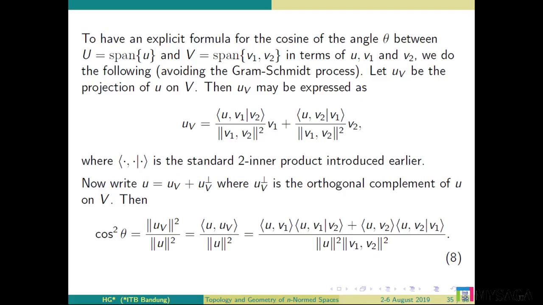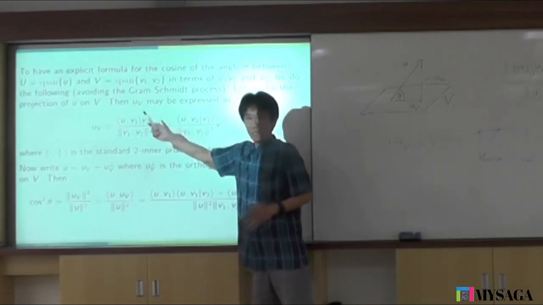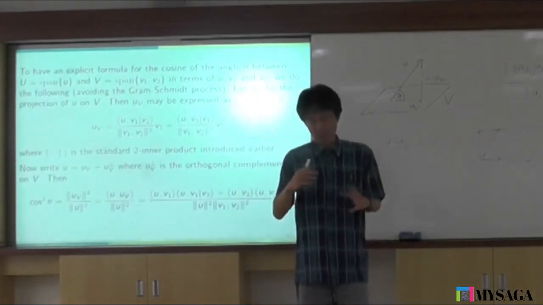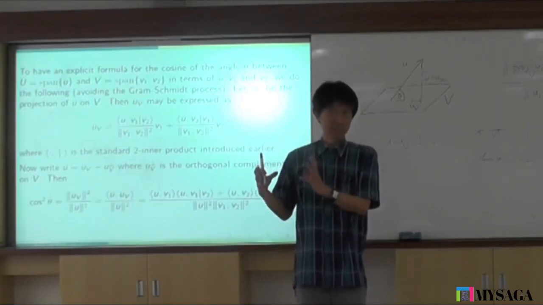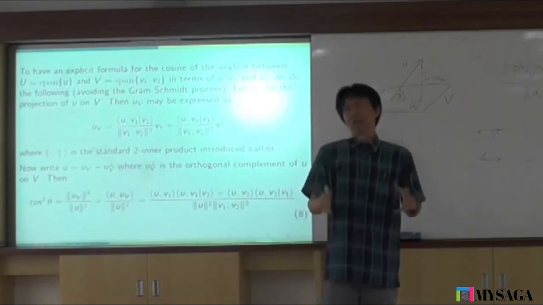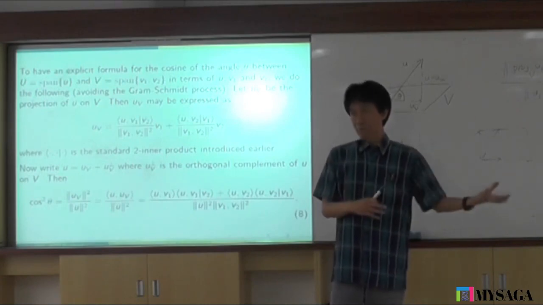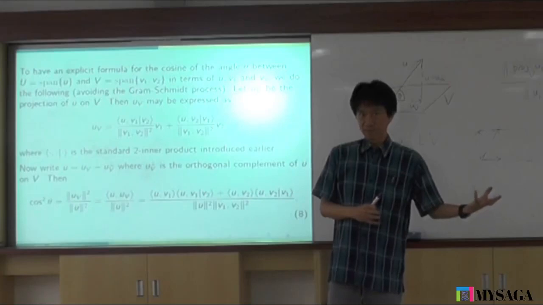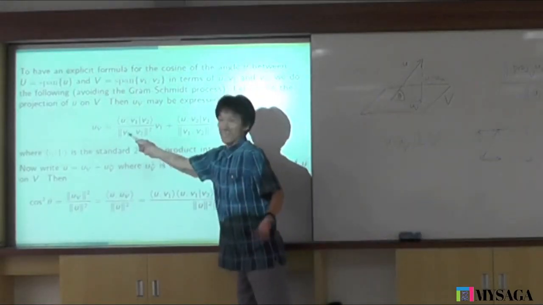Two inner products pop up here, and those two inner products come from Cramer's rule, from a system of linear equations. If you solve, you use Cramer's rule. You remember Cramer's rule, okay? And this is the determinant.